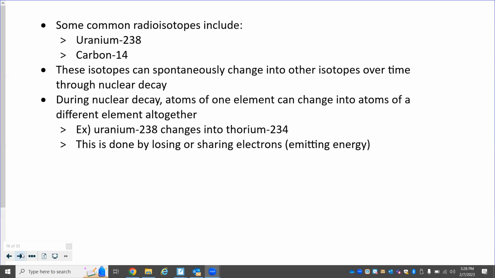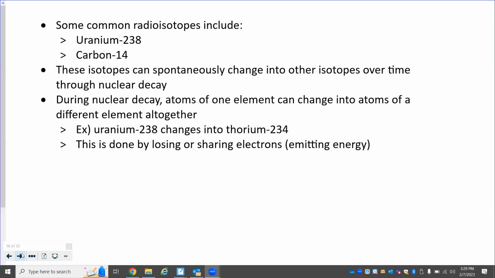So unstable isotopes can spontaneously change into other isotopes over time through nuclear decay. So you don't need a power source to make this break down. It will just naturally break down over time. And what happens during nuclear decay is atoms of one element can change into atoms of a different element altogether.